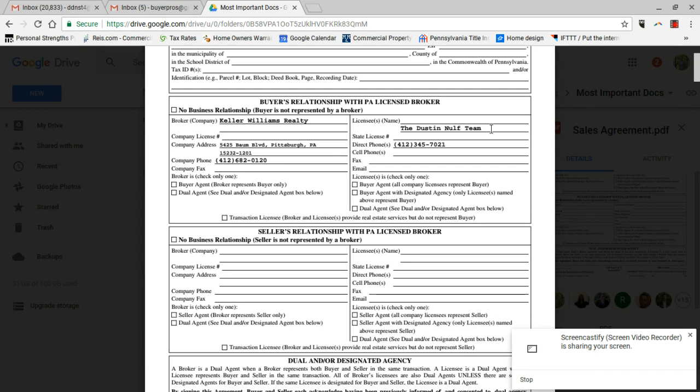So what we want is when Coldwell Banker is looking at how the teams and agents are doing, we want to see the Dustin Nolf team as the number one agent group in Pittsburgh, and we can't do that unless we're combining all of our volume into one spot. Once I get out of production, it'll be zero volume for me if we're just doing it under every agent's ID number.